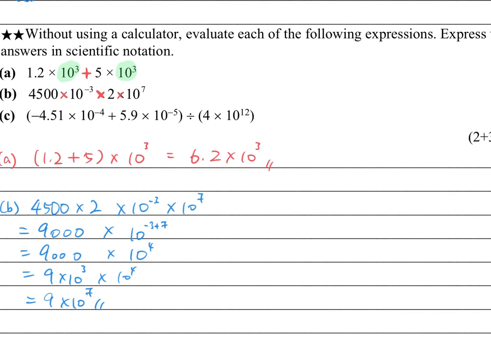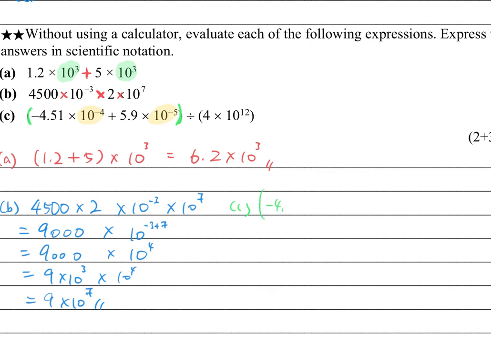For question C, we should first try to deal with the addition inside the bracket. You can see that they have different power of 10. So we should try to move them to the same. So we try to change the 10 to the power to the same.